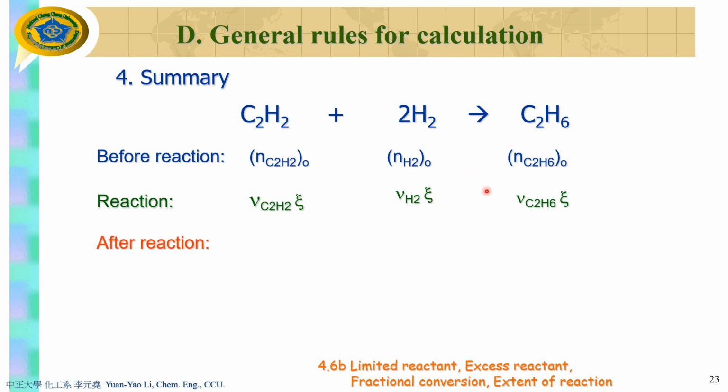And after the reaction, you have this plus this, and NC2H2 equals this one plus this. As you can see, the nu here is a negative sign, nu here is a negative sign, and nu here is a positive sign. So you put a symbol here, and then you use plus.